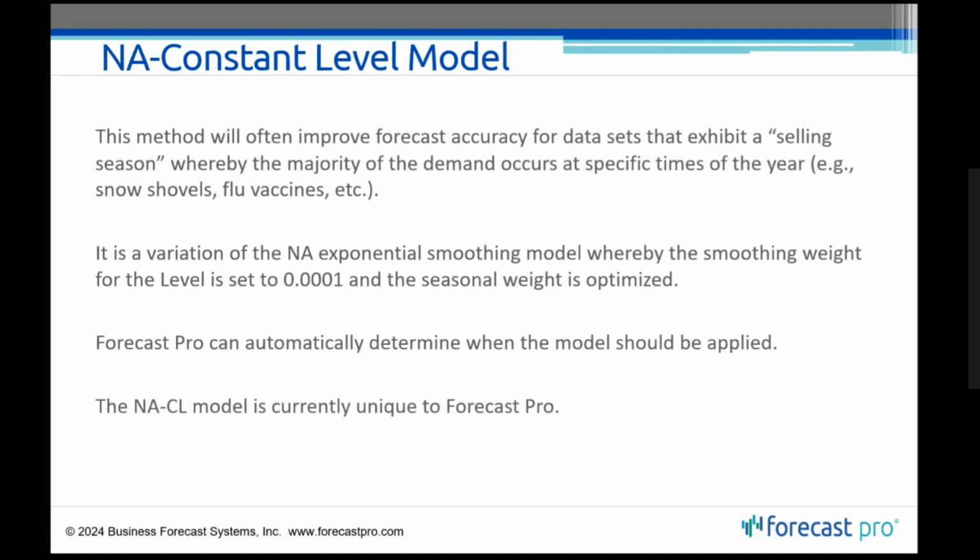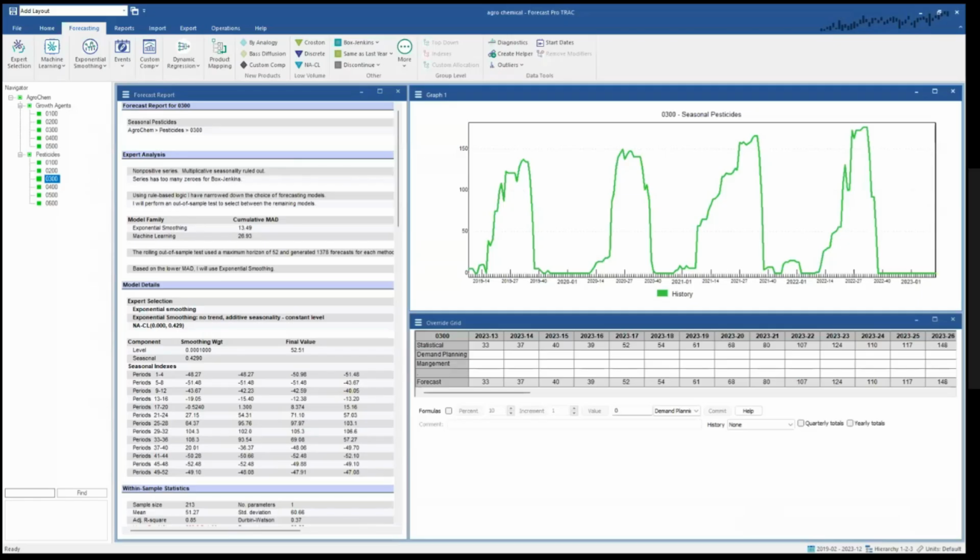This was something that we implemented in response to a data set I'm about to show you. Forecast Pro has a very large installed base, and we've been on the market a long time. There are lots of times where people will send us data, and that's what happened here. This data was sent by a company that is trying to forecast.